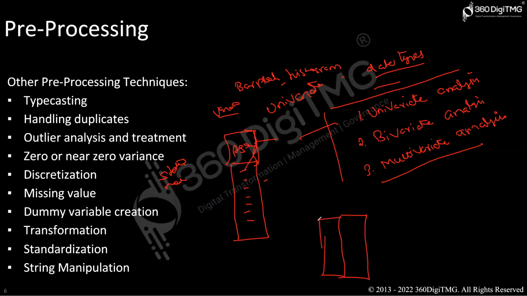Take any two columns, age and salary. You're trying to find a relationship.